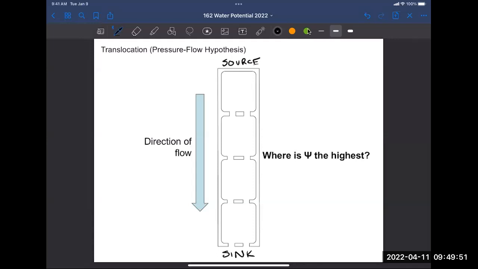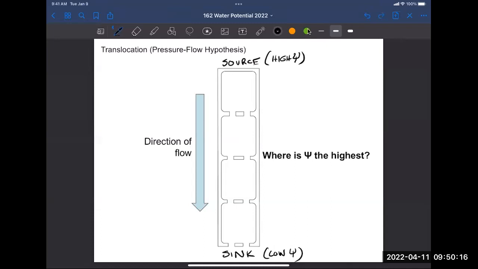If you think it's higher in the sink, do thumbs down. Okay, mostly people are going thumbs up. That's right. So we've got high water potential up here, and in the sink, we're going to have low water potential.